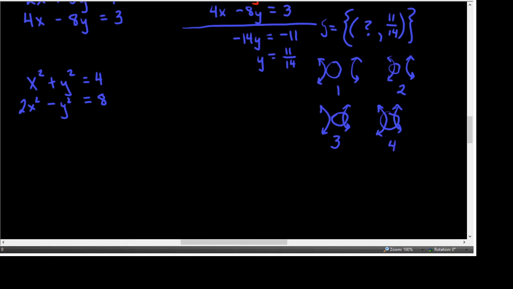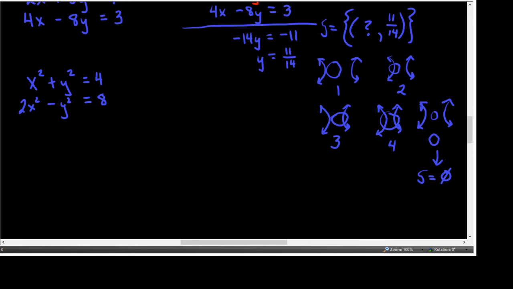The answer to that is no. Oh, and what I should have probably started with, is it possible that you'll get no points of intersection? Yes, that is indeed possible as well. So you have anywhere from no points of intersection, which means your solution set would be the empty set if you get no solutions, or your solution set can contain anywhere from 1 to 4 ordered pairs of points of intersection.